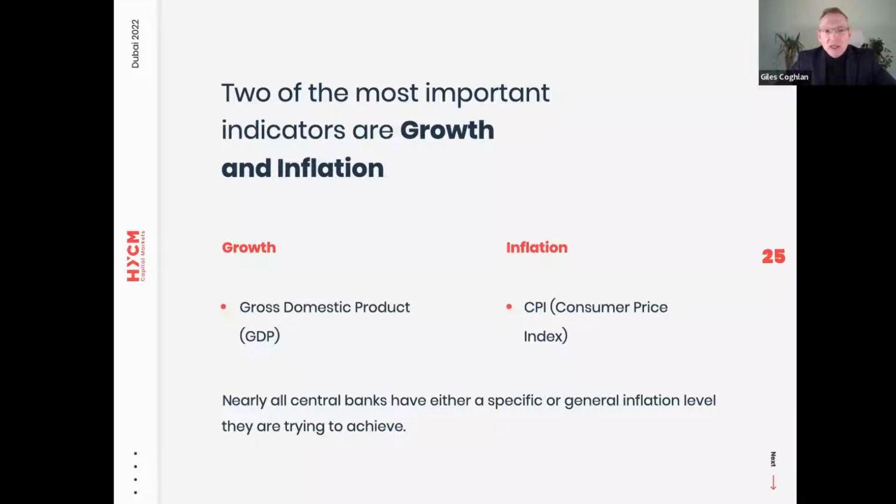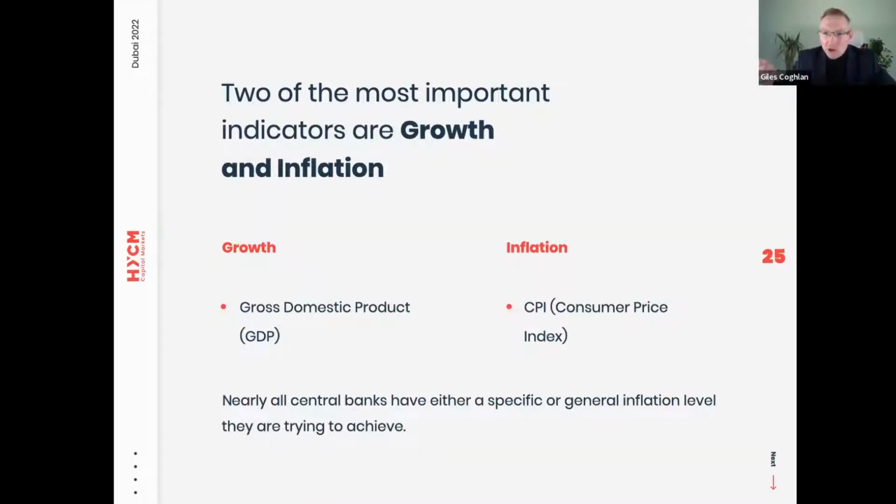Let's say the inflation data out of the US on Thursday this week came in at, say, 2%. I think it's about 6.7%, 6.5% expected. Imagine it was 2%. What would that tell you? Well, that would tell you that the Federal Reserve will be so happy, inflation is falling, they won't need to hike interest rates so much.